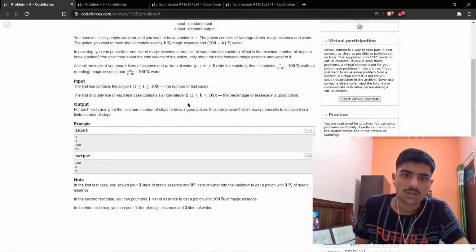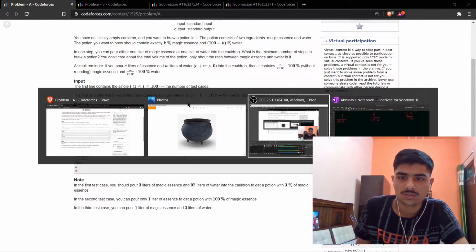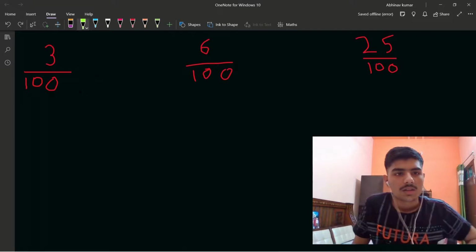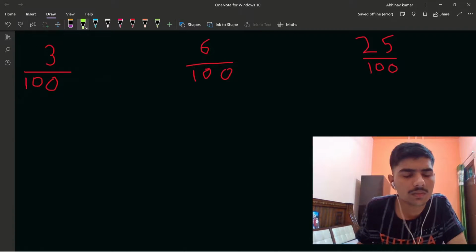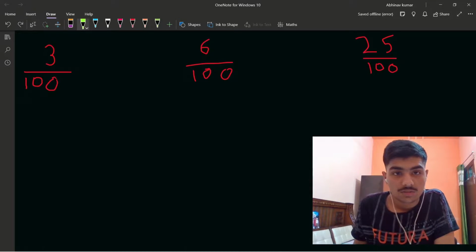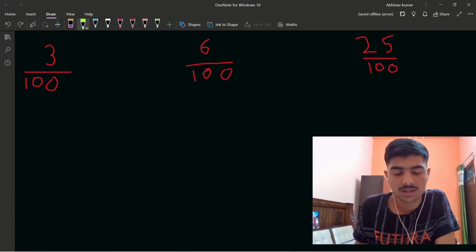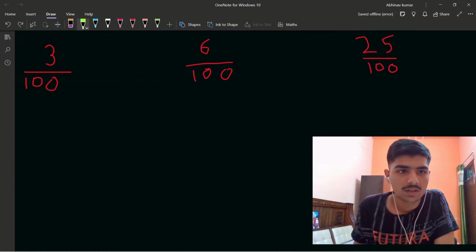Let me tell you the logic for this problem. We are discussing three examples. In the first example, let's say k is equal to 3, and the total percentage is 100. So the rest, 97, is water.